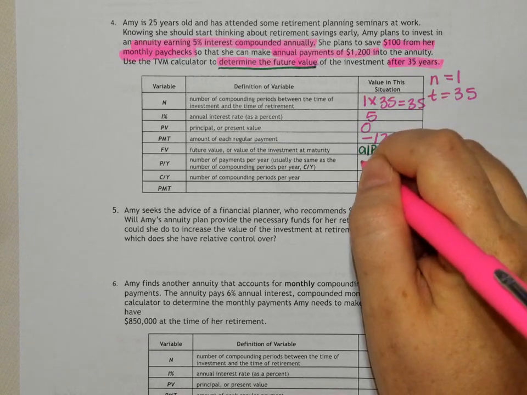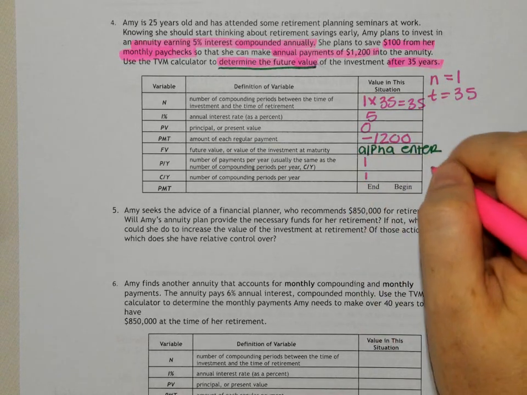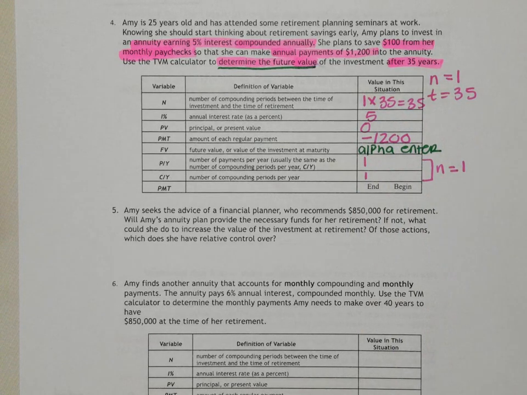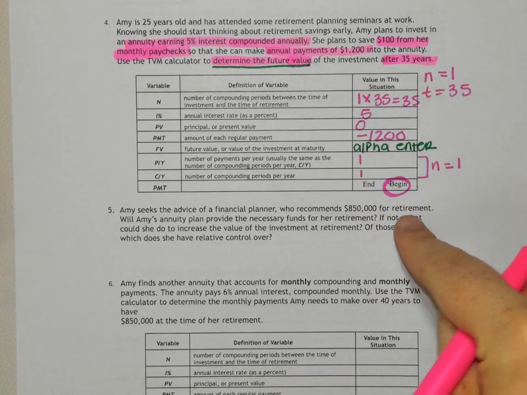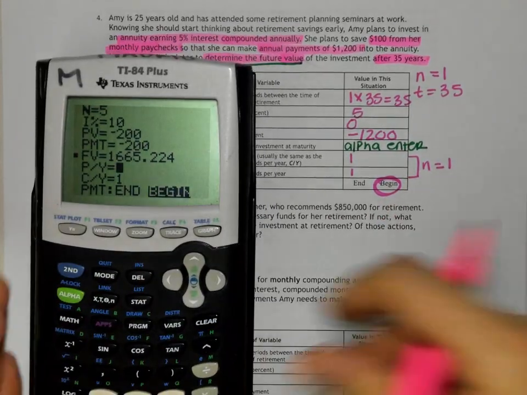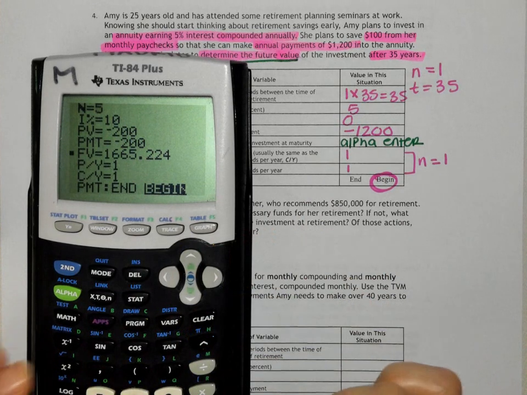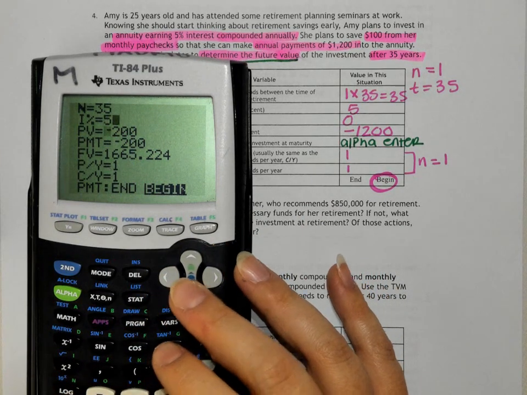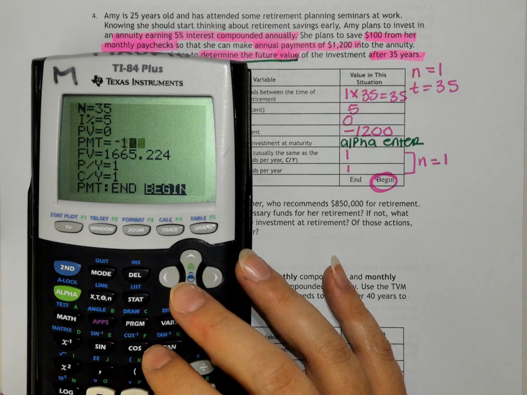Okay, and then P/Y and C/Y are both 1 because they should match whatever your N was. N was equal to 1. And then set it to beginning for an annuity. All right, so I'm going to put this into my calculator. So 1 times 35 is just 35. Interest rate is 5. This is 0, negative 1,200.